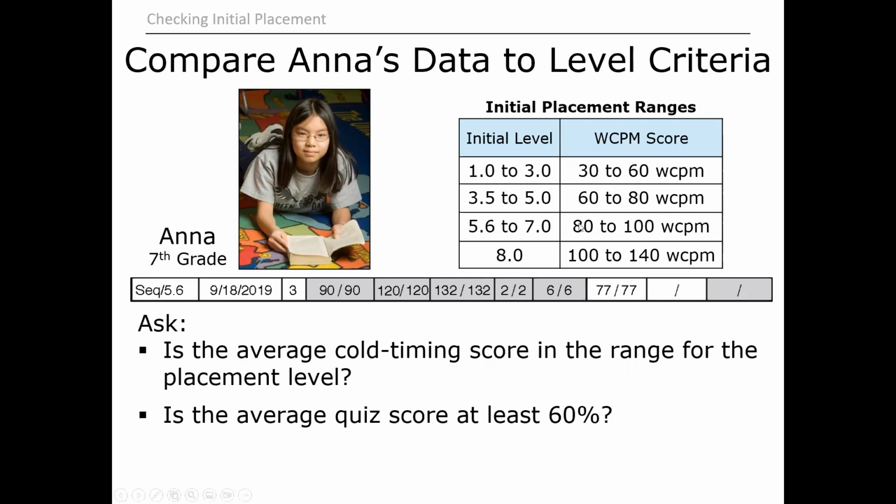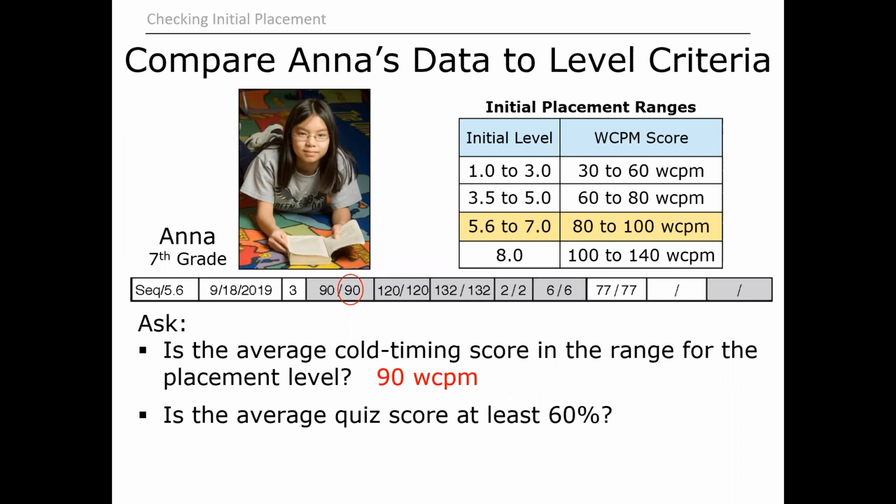So then we take level 5.6 and 90 and bring it up to this table. We can see that at 90 words correct per minute for level 5.6, her average cold timing score is right within that range. So I'm thinking this is probably the right spot, because if on placement day I had gotten 90, the computer would have said, yep, this is the right level for Anna.